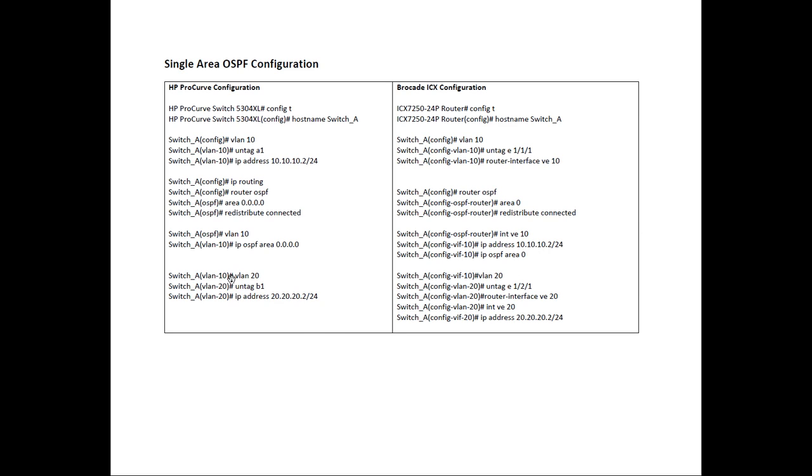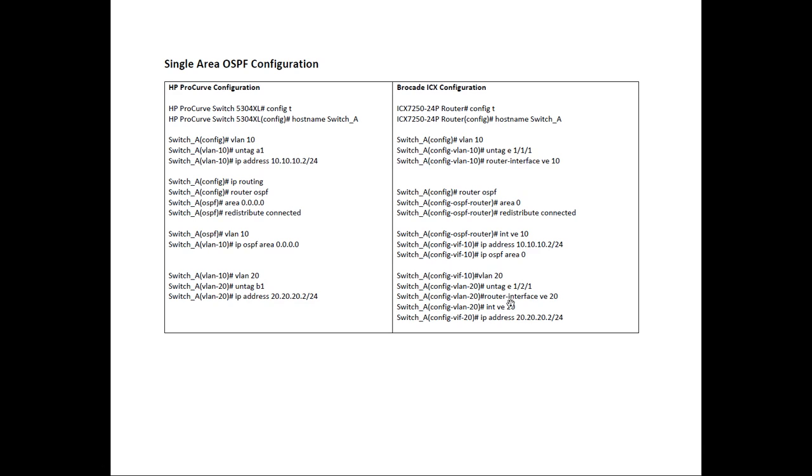Lastly, they created a VLAN 20. They untagged B1, or slot 2 port 1, and assigned an IP address to it. Again, on our side, we create the VLAN 20, we untag unit 1, slot 2, port 1, we assign router interface VE20, we go into interface VE20, and then we assign the IP address to it.